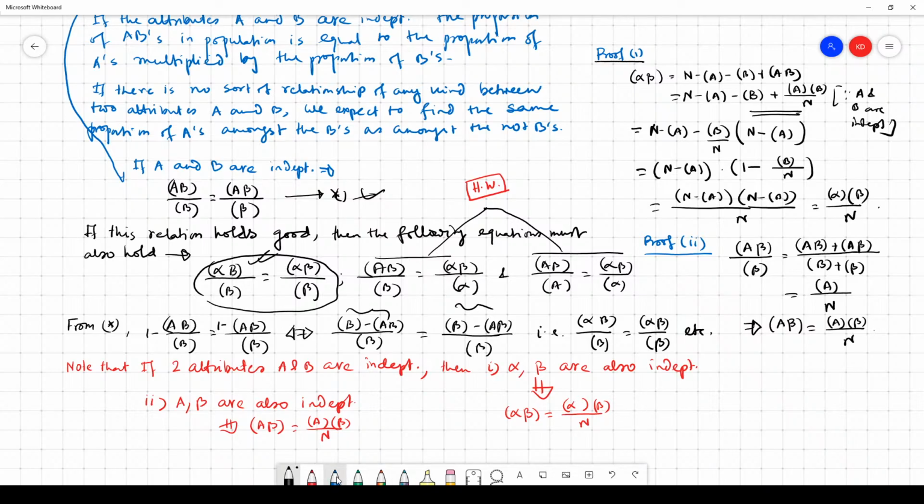And the interpretation is, I denote this by double star.